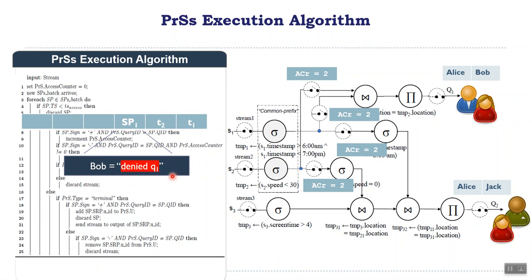And so in this example, the security punctuation arrives saying that Bob is now denied access to query 1. And so all the privacy switches that are in the path of executing query 1 are going to accordingly decrement their counter by 1.